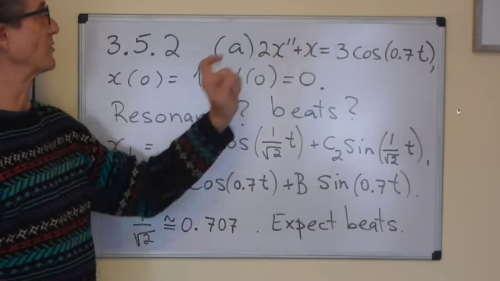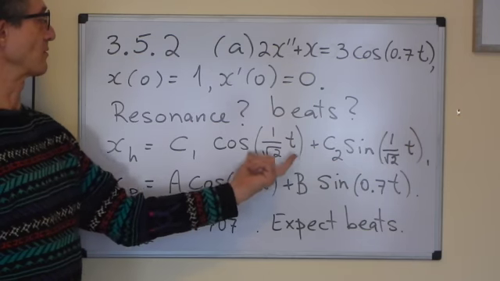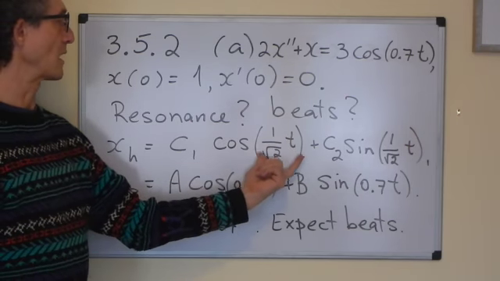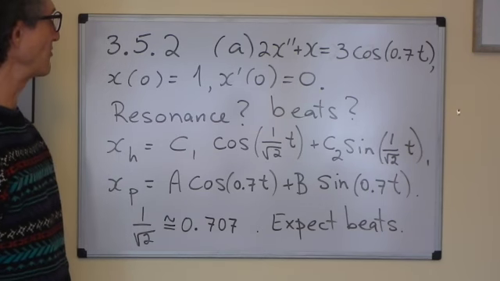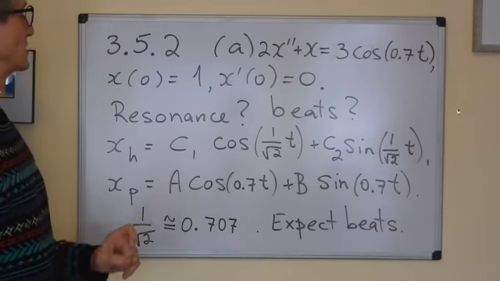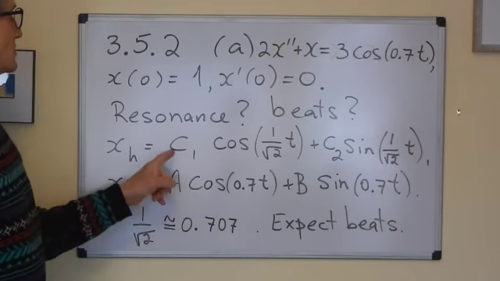So the frequency is 1 over the square root of 2, or the term here is 1 over the square root of 2 t. And so the homogeneous solution will be C1 times cosine 1 over the square root of 2 t, plus C2 times sine 1 over the square root of 2 t.